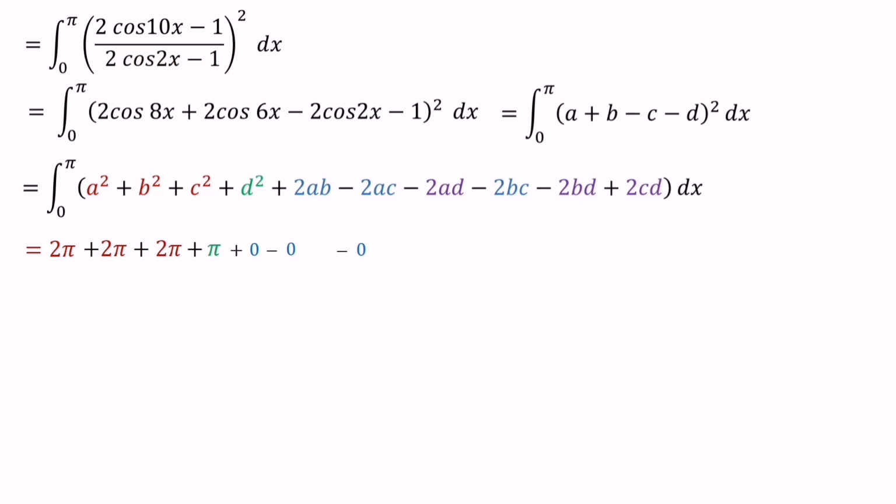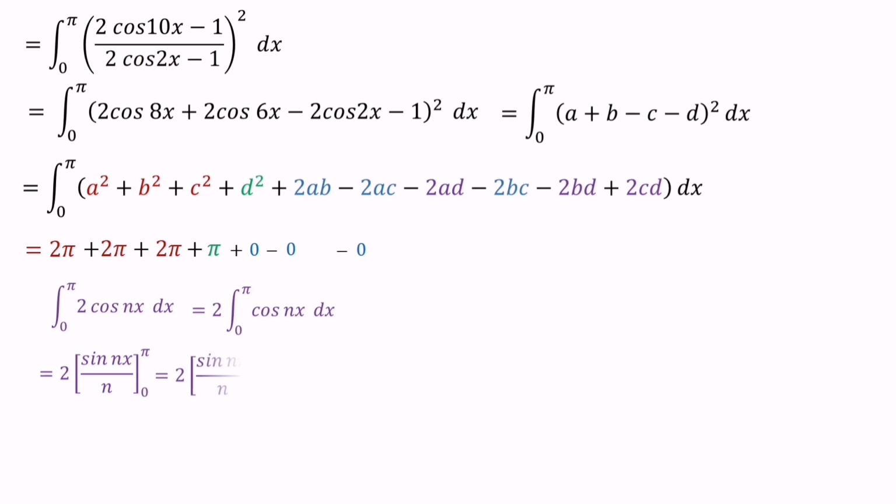To find the integrals of 2AD, 2BD and 2CD, we can consider the integral from 0 to pi of 2 cos nx. Here n is an integer. 2 is a constant, so we can bring 2 outside of the integral. Integral of cos nx equals sin nx over n.